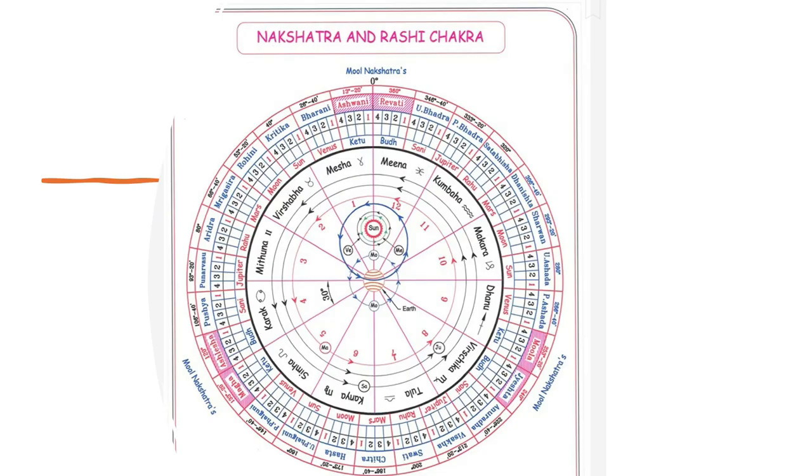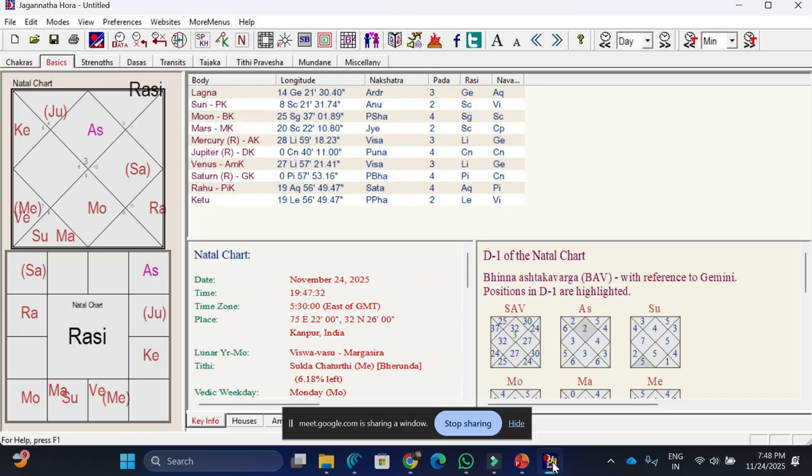The 6th one is Kanya, right? Kanya starts from 150 degrees and ends at 180 degrees. So it will be somewhere between 150 and 180 degrees. Got it. Okay.